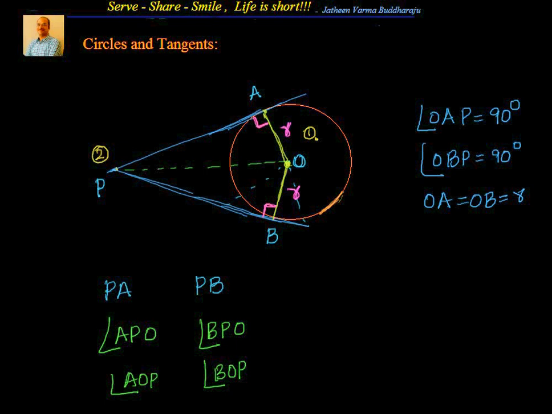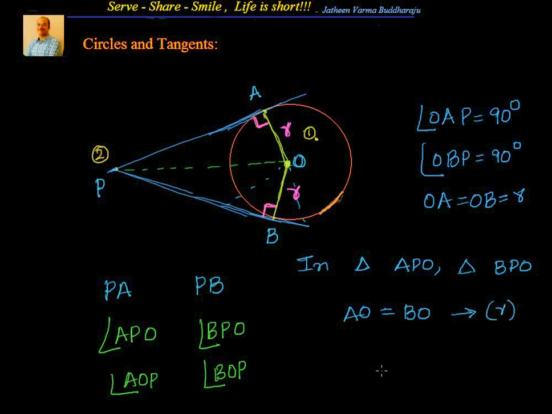For that, I will write down the steps like this. In triangle APO and triangle BPO, we have just seen that OA equals OB, because the justification is that it's the radius.